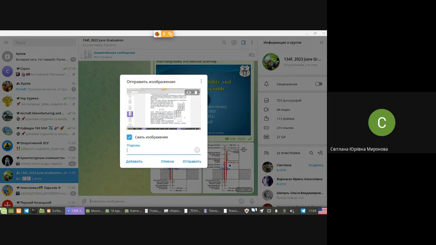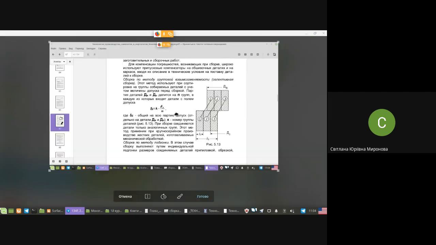It demonstrates the fields of tolerances in case of their overlapping. In our example that we see immediately behind this picture, you see a case with clearance, and here you see a case with overlapping.